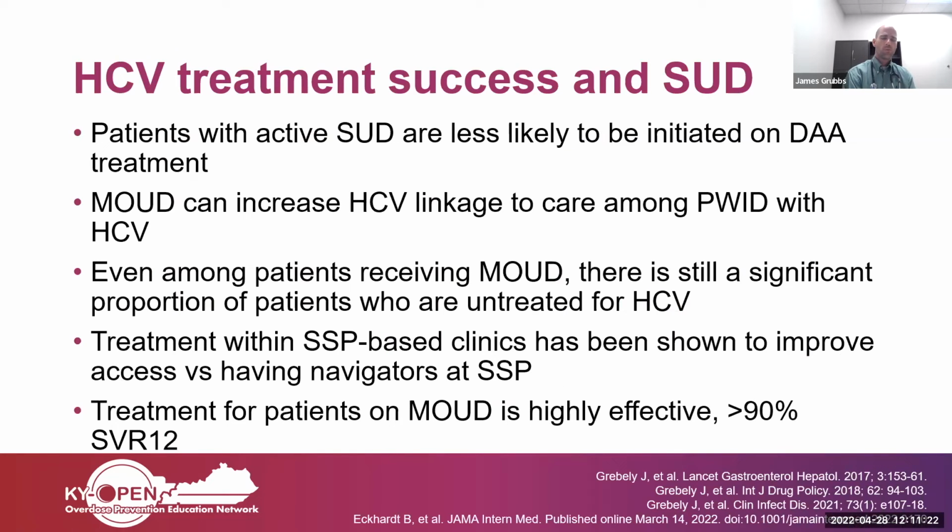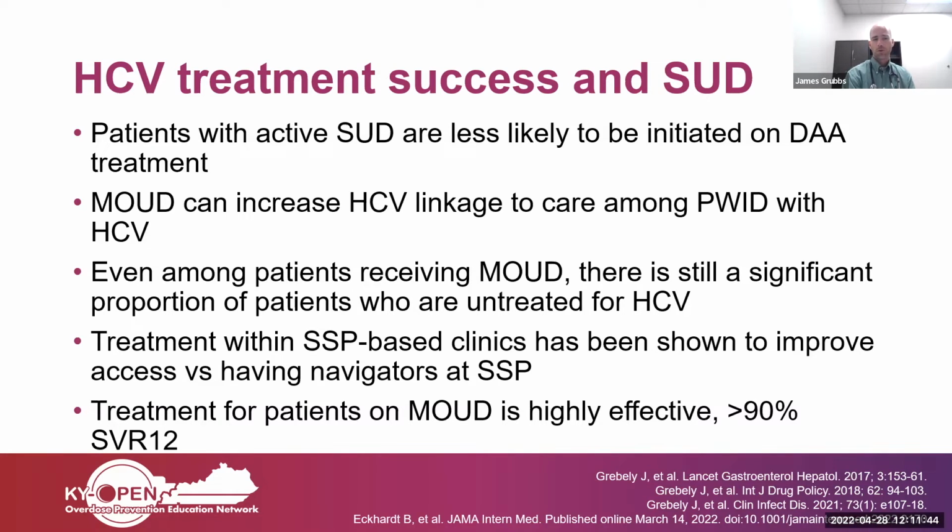So with that much success, we talked about what the particulars are that we know about treatment success for hepatitis C among people who have substance use disorder. One of the things we know is that people who have active substance use disorder are less likely to be started on treatment, even though it's effective.